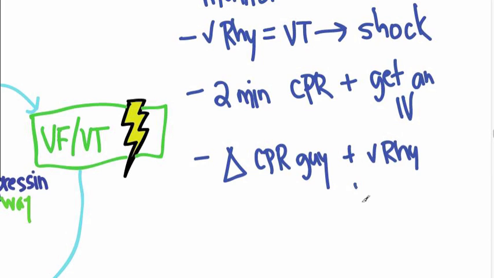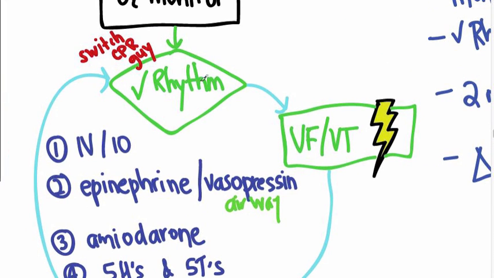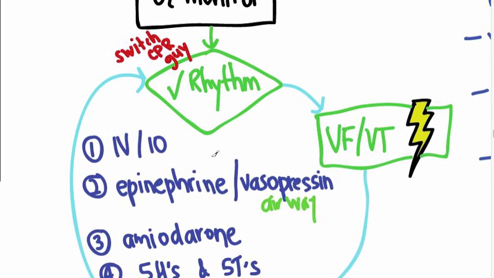And let's say we have VTAC still, so we shock again. So now we've checked the rhythm, shocked him, placed an IV as we went around, switched the CPR guy, checked the rhythm, shocked him again. So now the second time through, we have an IV. So let's give him one of these vasopressors. All right.